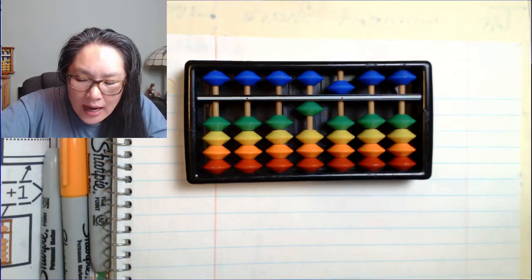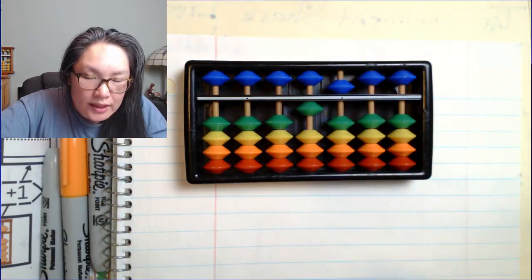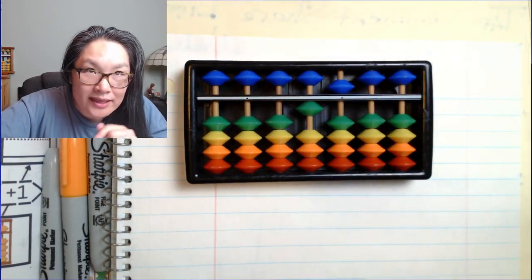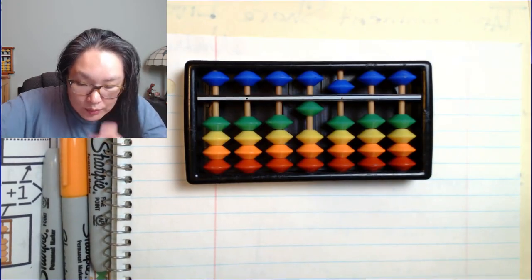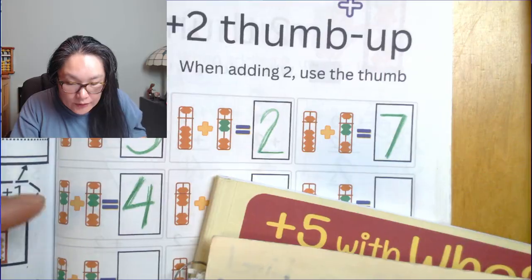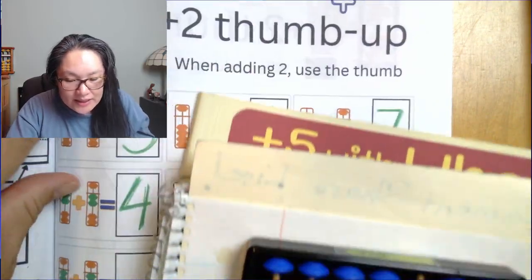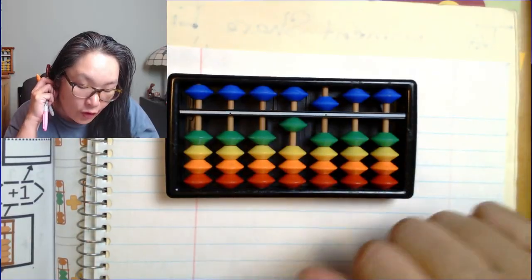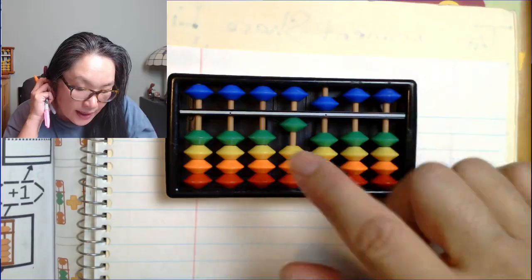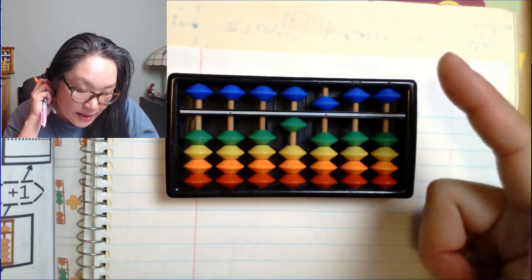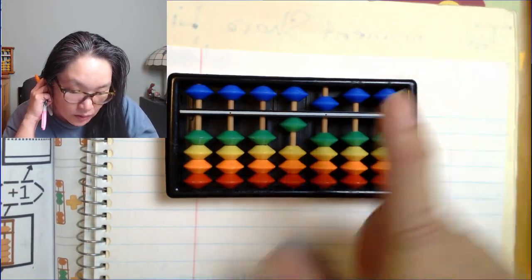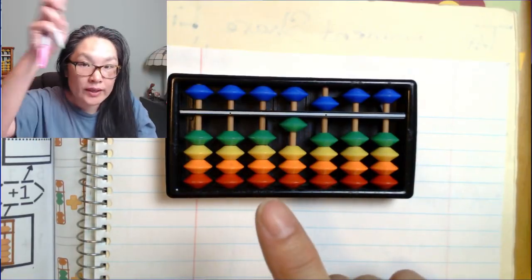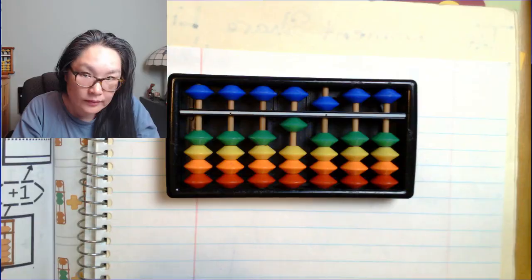I think the other thing is we push the kids too quickly to understand the abstract symbols, which means the numbers themselves. I think we need to continue to work with the concrete of the formulas and of the numbers. In the Abacus world, in our curriculum, we use our Abacus all the way to multiplication and division.